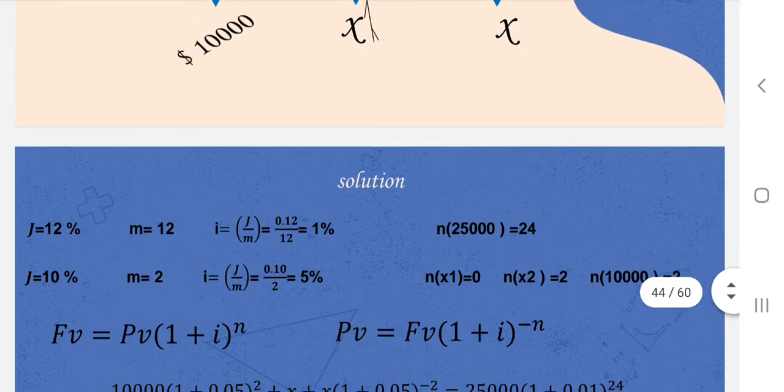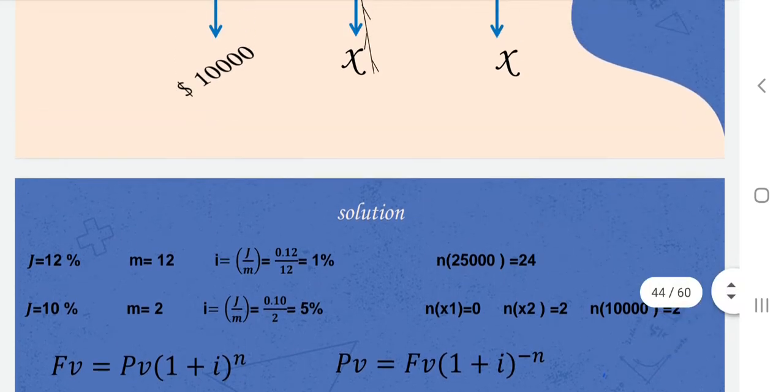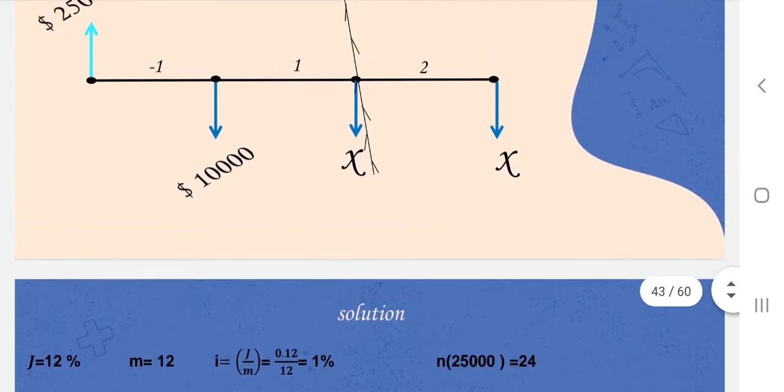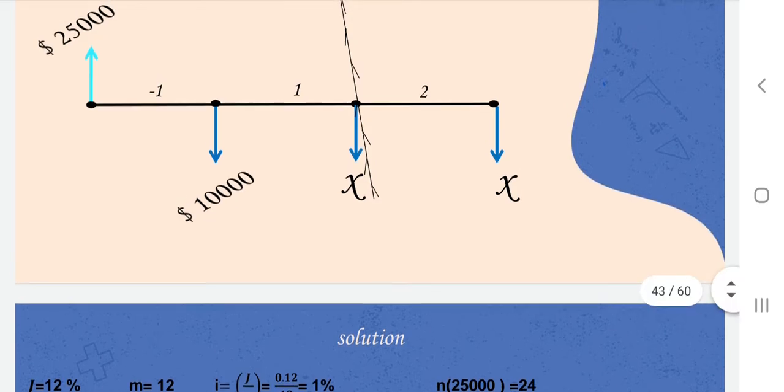Note that he will use 12% for old obligations, $25,000, which is 12% compounded monthly, so M equal 12 and N for $25,000 will be equal 2 times 12 equal 24 periods.